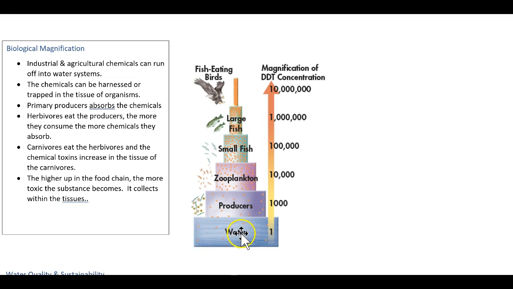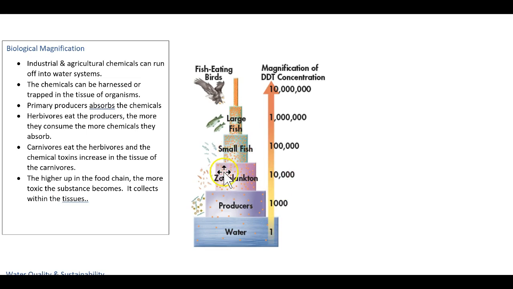And what happens is the producers, like phytoplankton and algae, were absorbing this DDT into their tissues, so that when the zooplankton, which are tiny microscopic animal-like organisms that ate the producers, they were getting an increase in the toxic amounts of this DDT. And you can see this by the numbers as they go up here.